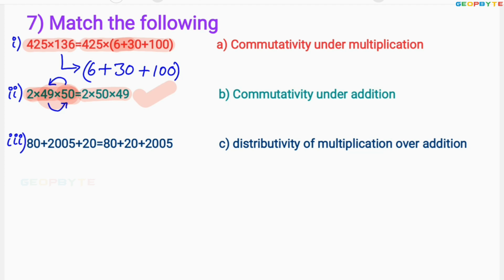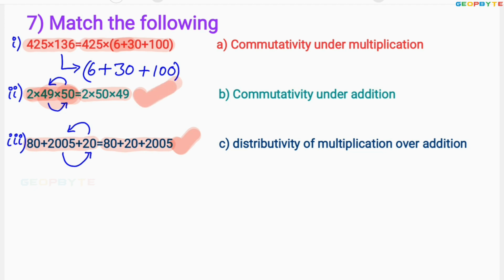The last one, 80 plus 2005 plus 20 is equal to 80 plus 20 plus 2005. This is the addition. In this addition, these two numbers are interchanged. That kind of interchange of the numbers in the addition is called commutativity under addition.